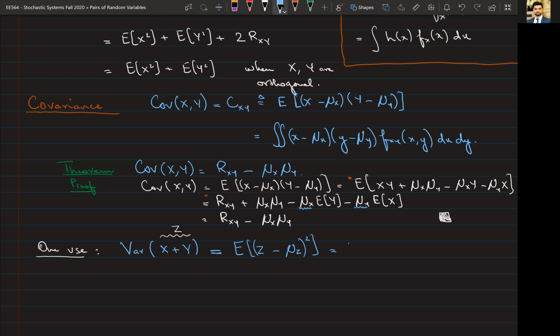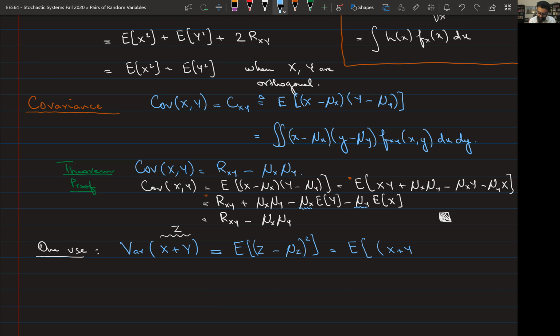Right. So what is z? Z is x plus y. What is mu z, which is the mean of z? Expectation can go inside the sum. So the expected value of the sum of x and y is actually equal to the sum of the means of x and y.